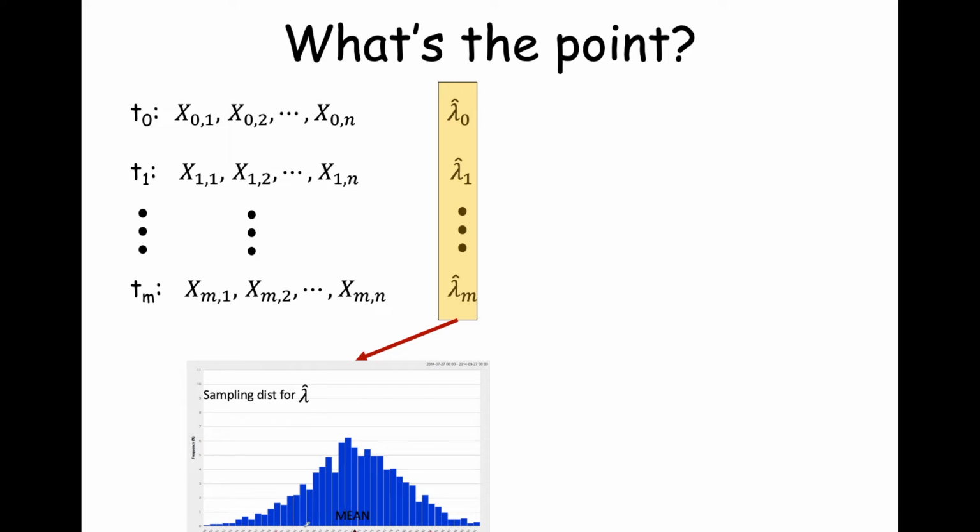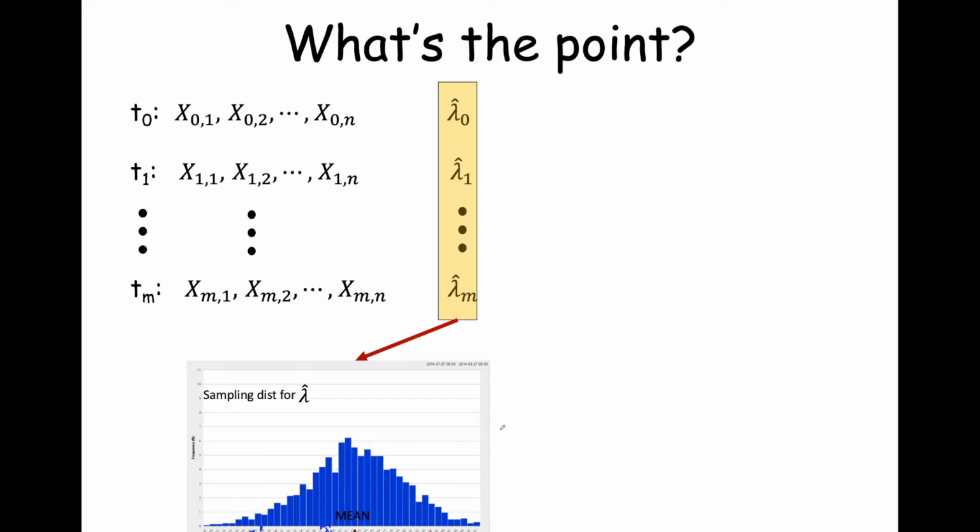Along the horizontal axis, we have the values of lambda hat. So maybe right here, that's the value of lambda 0 hat. And maybe right over here, that's the value of lambda 1 hat, for example.